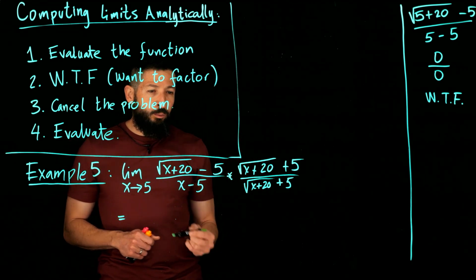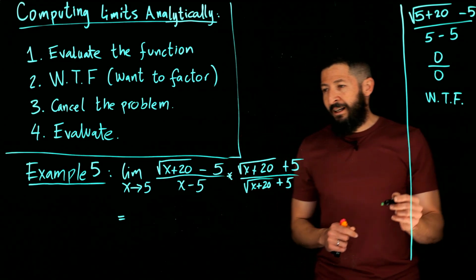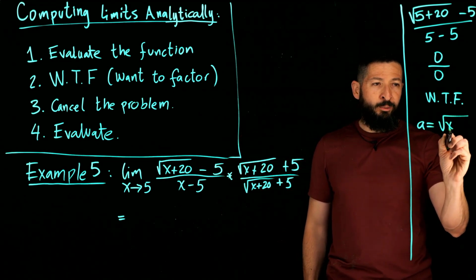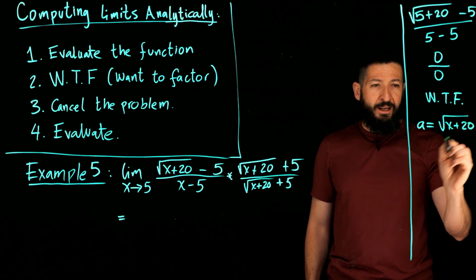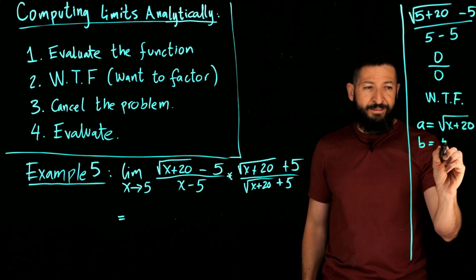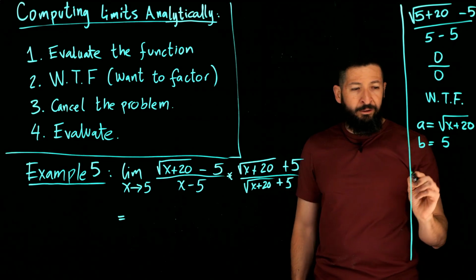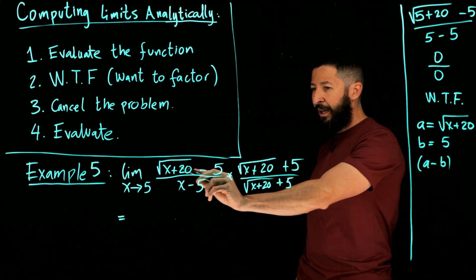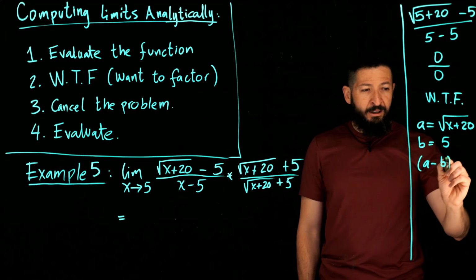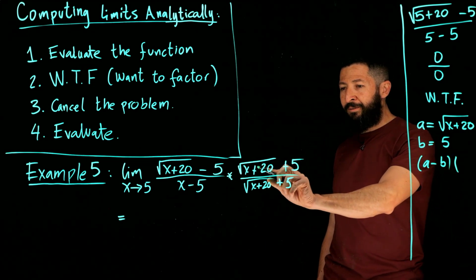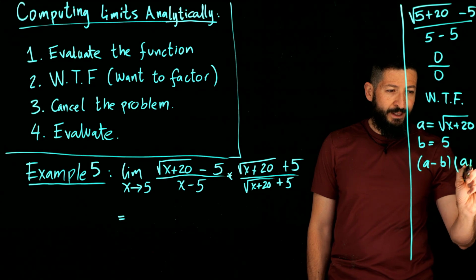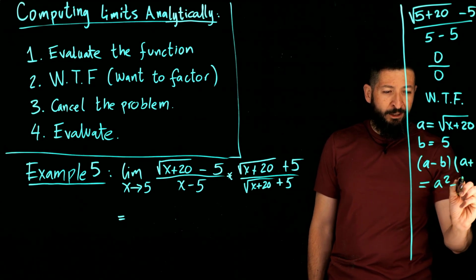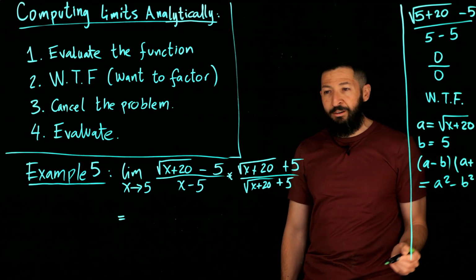All right, so what is the clever part of this is that here, if you call your quantity square root of x plus 20 a, and b is equal to 5, what you have in the numerator here is going to be a minus b. And on the other numerator, you have a plus b. But that's going to be a squared minus b squared, as you know, a difference of squares.